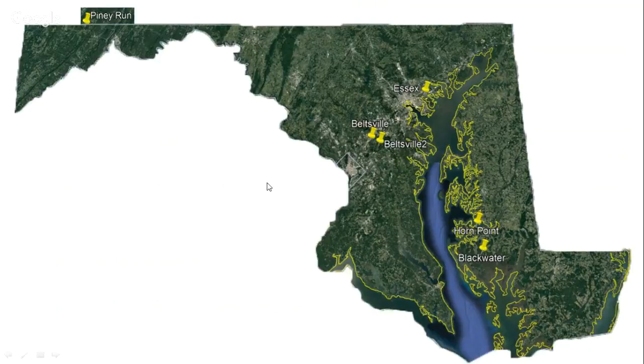So as far as evaluating population density, the data set is still fairly good, considering that we have Western Maryland represented, which is a very rural area, and the Eastern Shore, which is rural as well. And then Essex and Beltsville are in the more urban, highly populated areas.